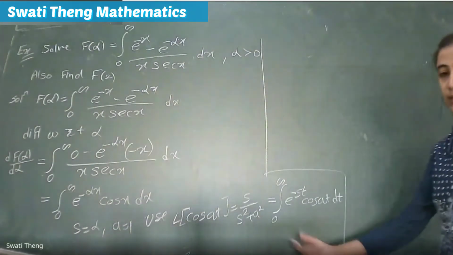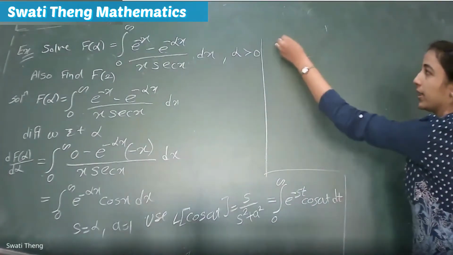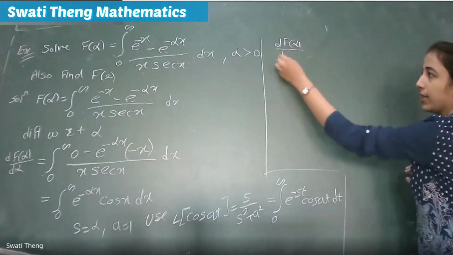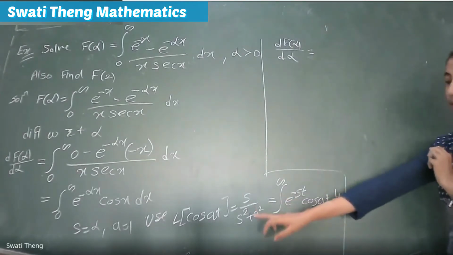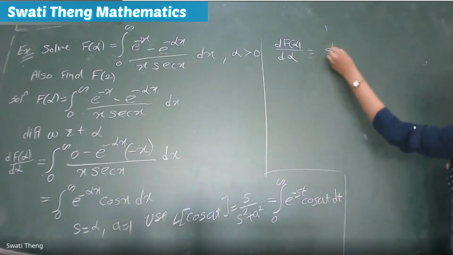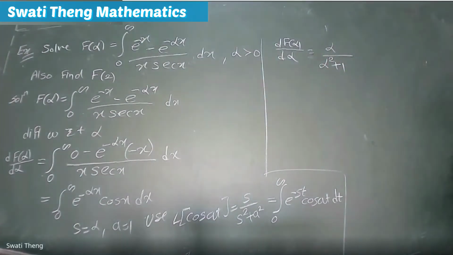So by using this Laplace transformation, this integral, that is df of alpha by d alpha, is equal to s upon s square plus a square. So alpha upon alpha square plus 1. That means the derivative term has come. Now the next task is to find f of alpha, so we have to integrate with respect to alpha.